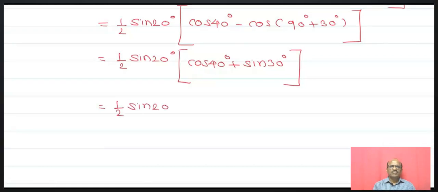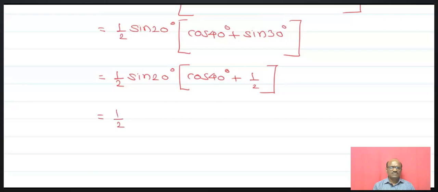That is 1 upon 2 sin 20, cos of 40 plus 1 upon 2. Now simplify here: sin 20 cos 40 plus 1 by 4 sin 20.